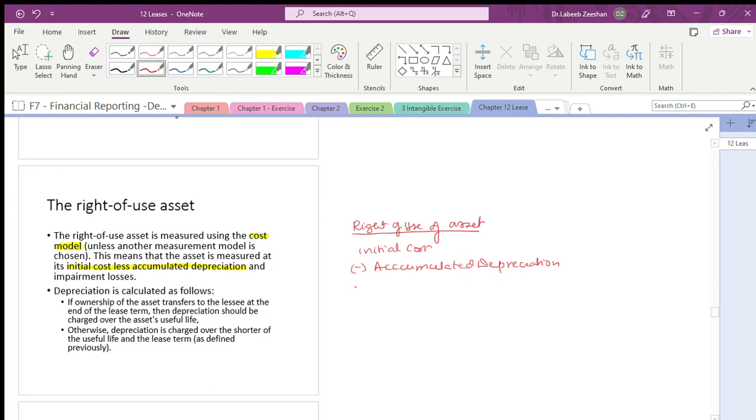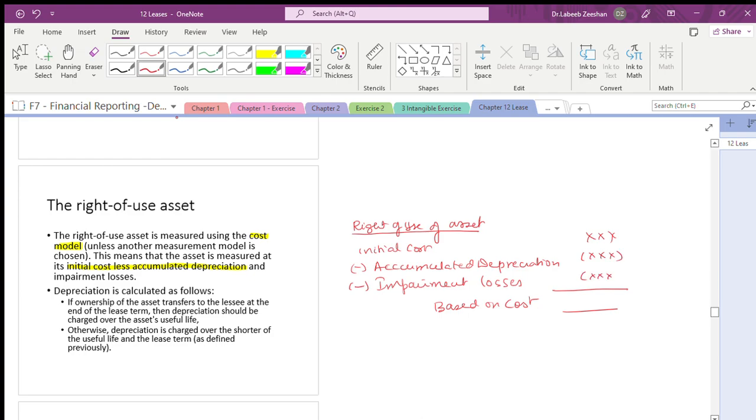Next, what happens if there are any impairment losses? If there are any impairment losses, then it is based on cost. This will make sense.